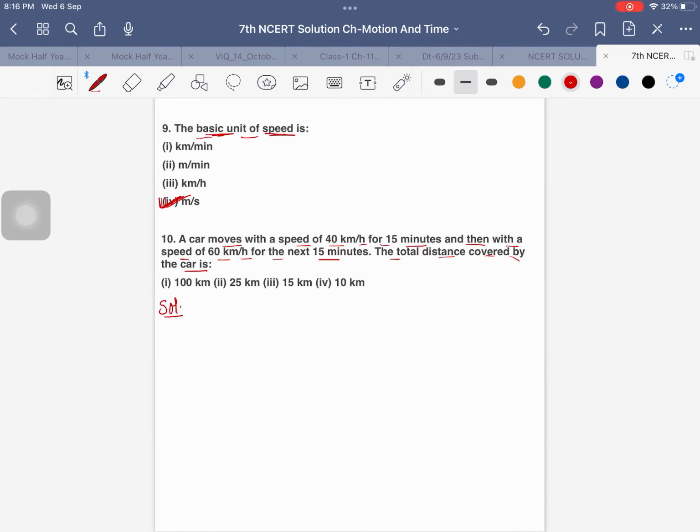In case 1, speed is 40 km per hour and time is 15 minutes. So we have to convert this minute into hour first. So 1 minute is equal to 1 upon 60 hours. So divided by 60.